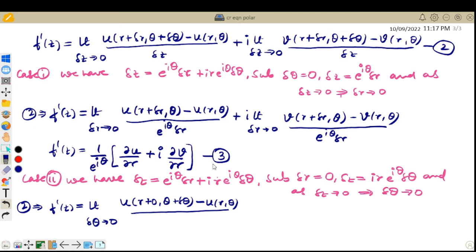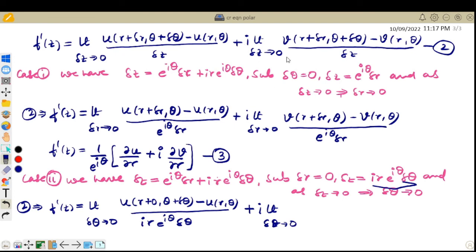Delta z is equal to, we can substitute this total, that is i r e raised to i theta into delta theta, plus i times the limit as delta theta tends to 0 here.